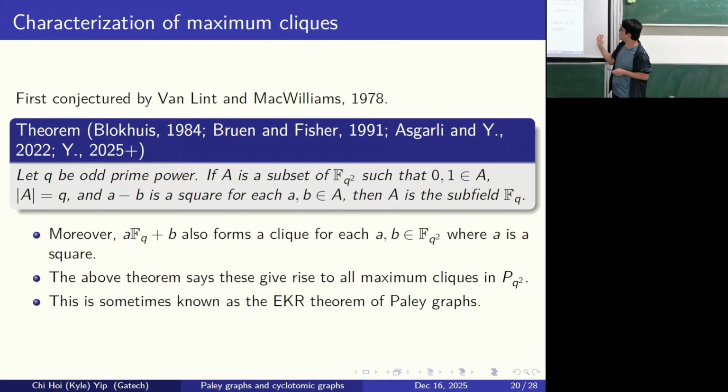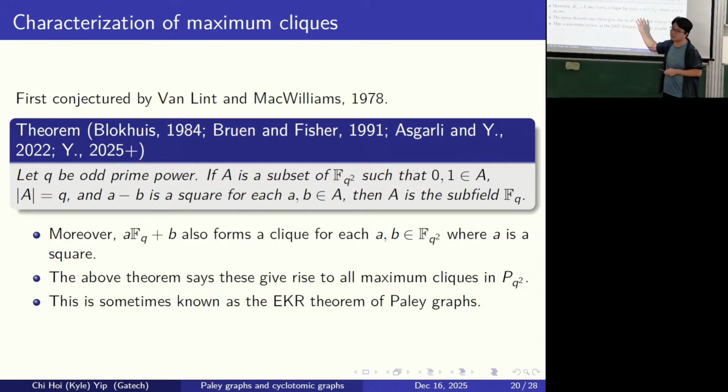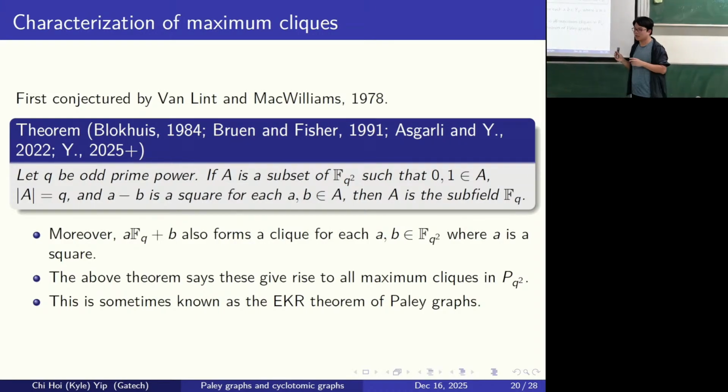So in this case, you can view the subfield and its translates and dilates as the obvious cliques. We can actually formulate this in terms of intersecting families, but I don't think I have time to talk about that. But sometimes this is known as the Erdős-Ko-Rado theorem for Paley graphs.